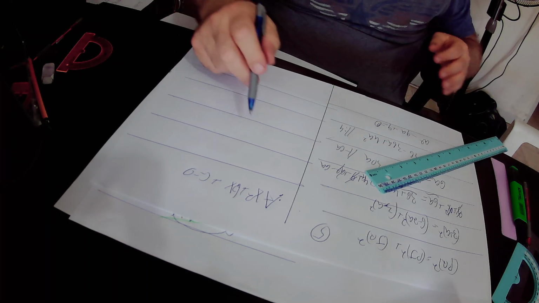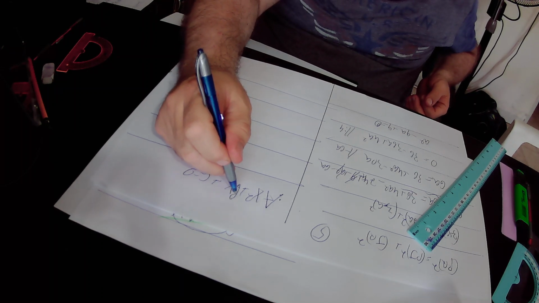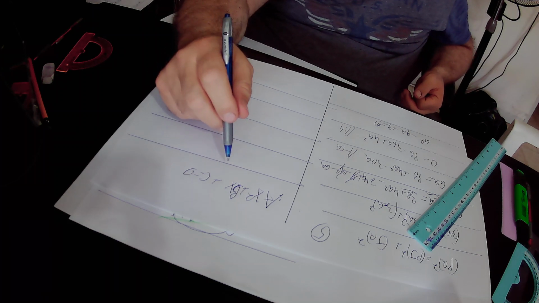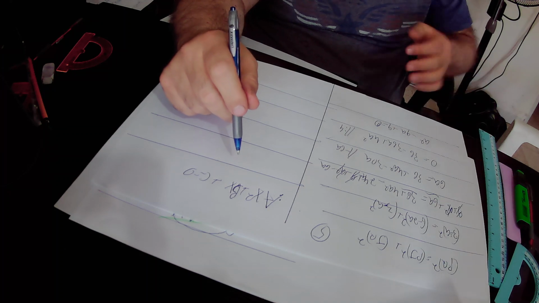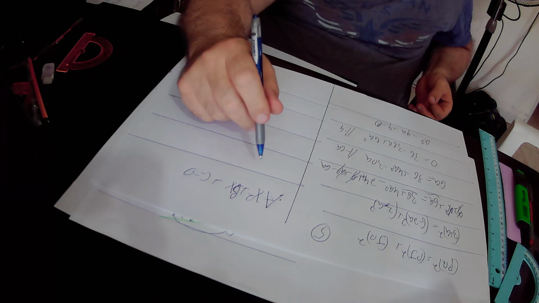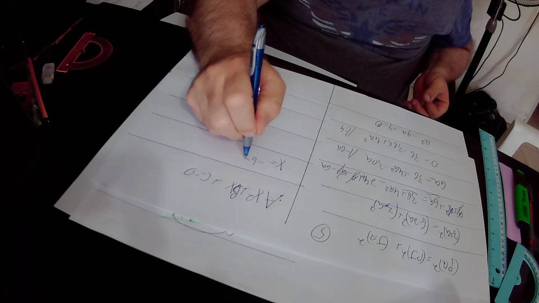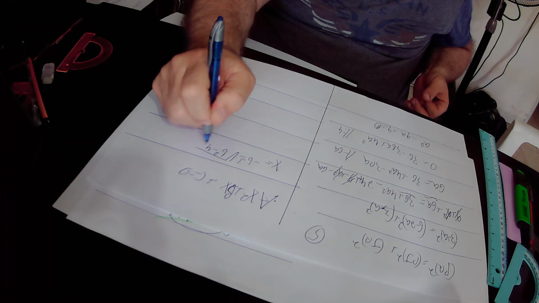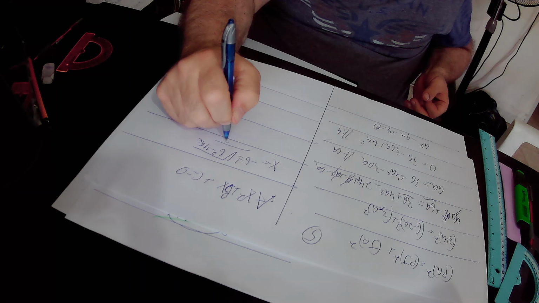In the general formula for a quadratic equation, a, b, and c are the coefficients of this quadratic equation, and x is the variable that we are looking for. And we find the value of x according to the following formula. x equals minus b plus or minus the square root of b squared minus 4 times a times c, over 2a.